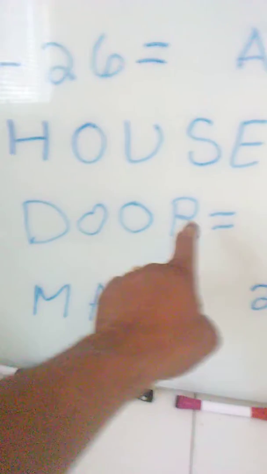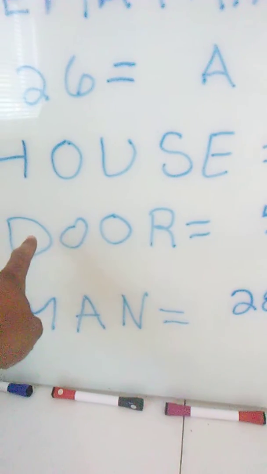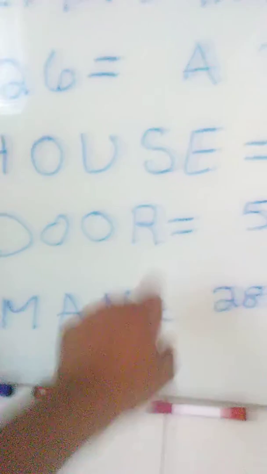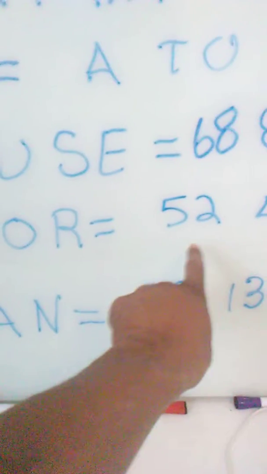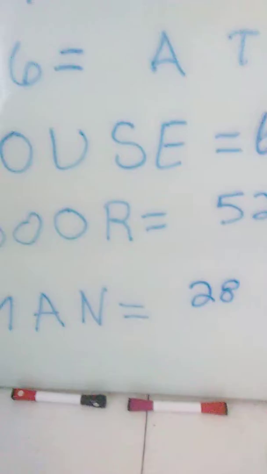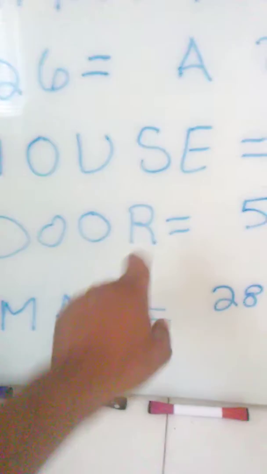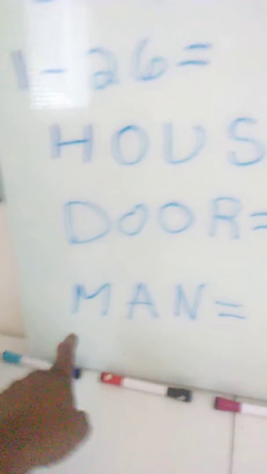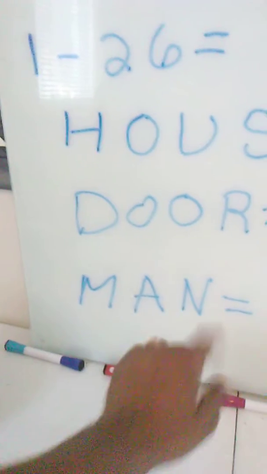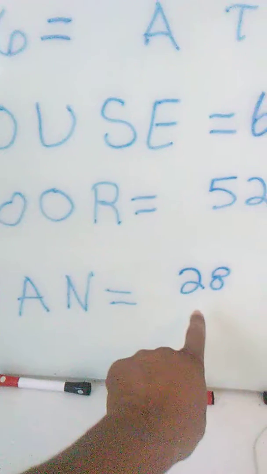We have the word here, door, right? 4, 15, 15, that's double letters, and an 18 brings us to a total of 52, right? 52, right? We have that one word with 4 letters, bringing us to a total of 52. And this is the simple ordinal, right? Man, right? 13, 1, and 14 brings us to a total of 28.